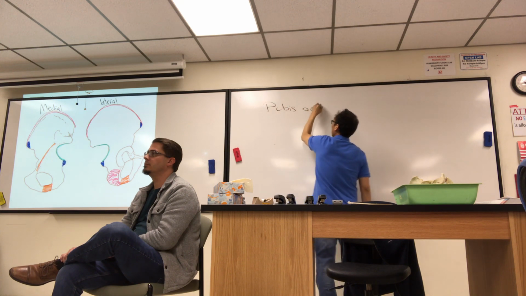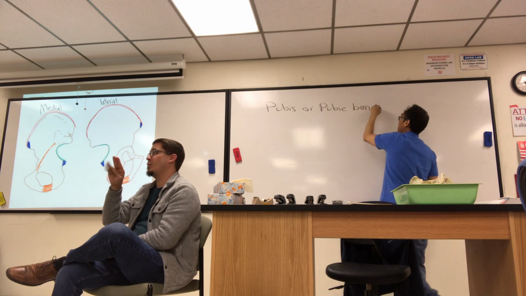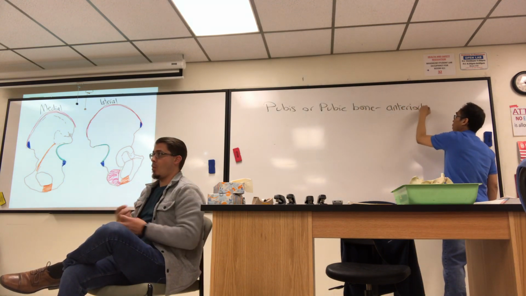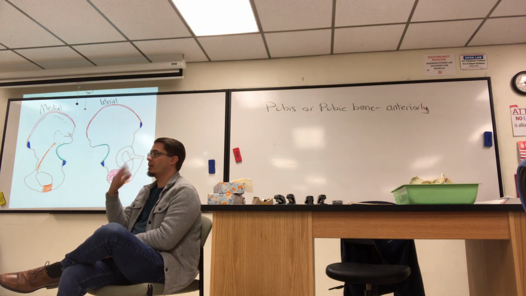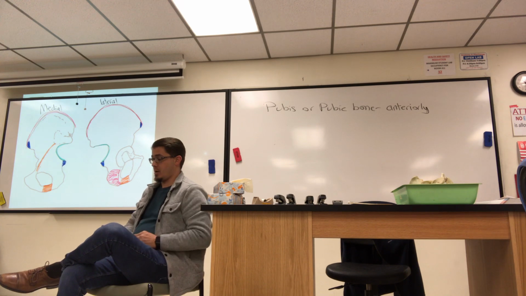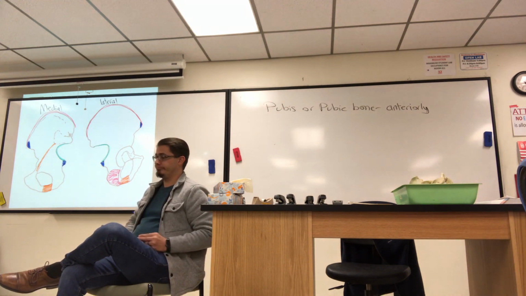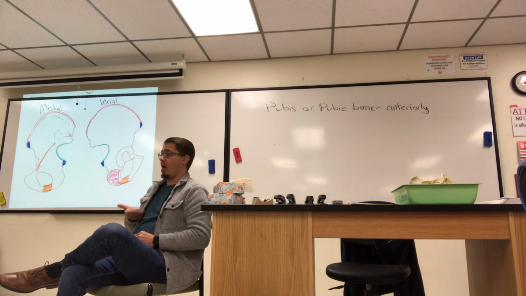Pubis, or pubic bone, anteriorly. I won't write it again, but I already gave you the joint, the pubic symphysis that unites the whole pelvis anteriorly between these two bones. And the pubic bone got its name because above that bone is where you have your pubic hair, right?